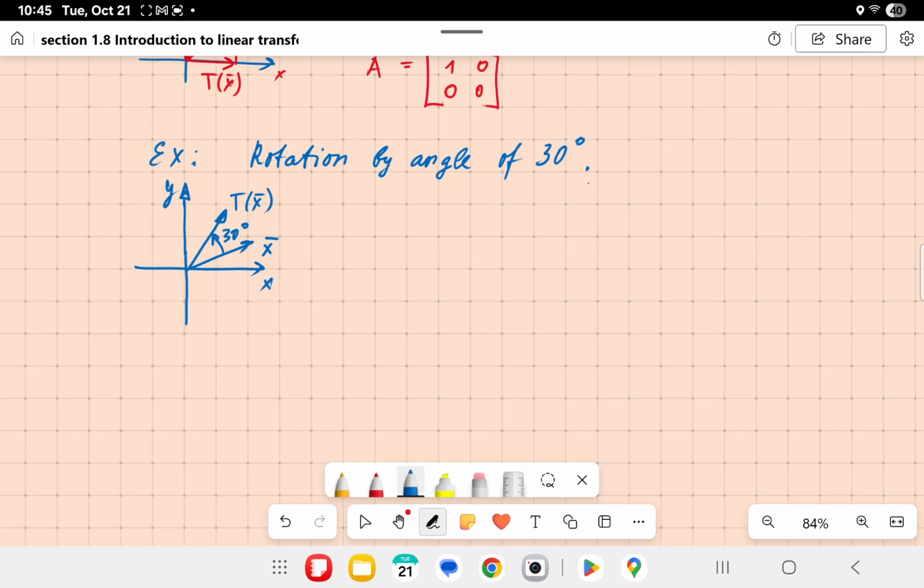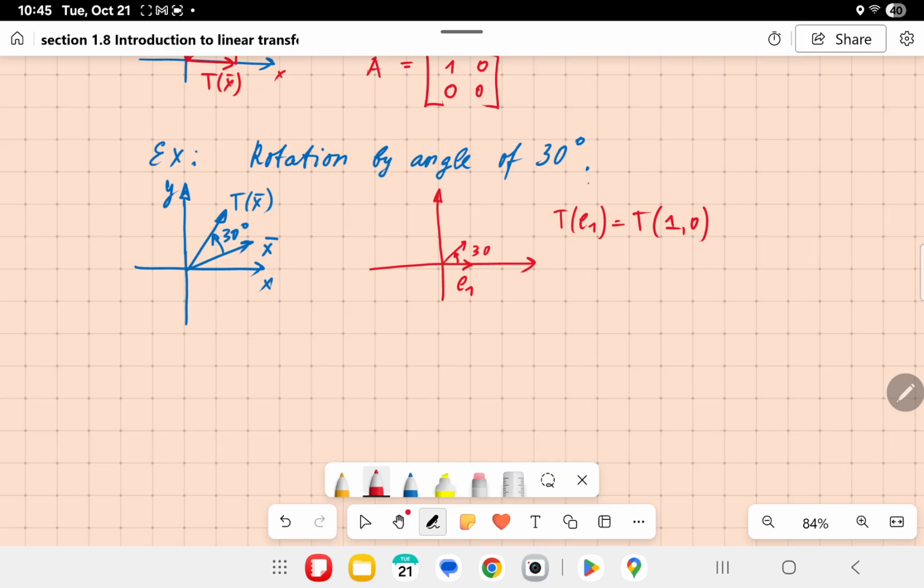So I'm going to draw another picture for the standard basis vectors to watch what they do. My standard basis vector e1 is going to be rotated by 30 degrees. So what are going to be the coordinates of T of e1, which is T of (1, 0)?